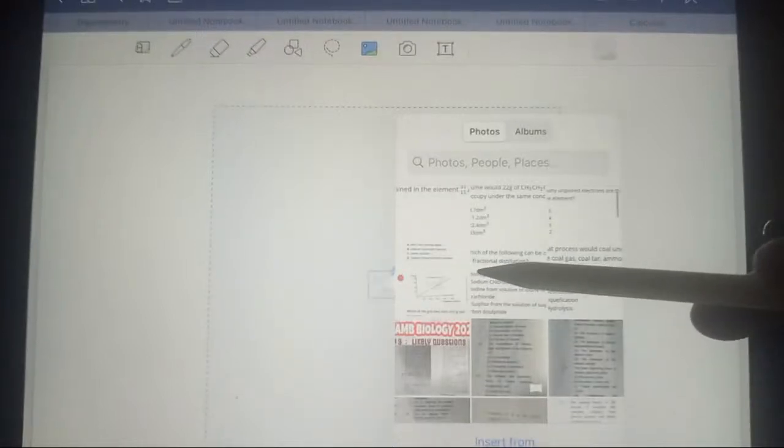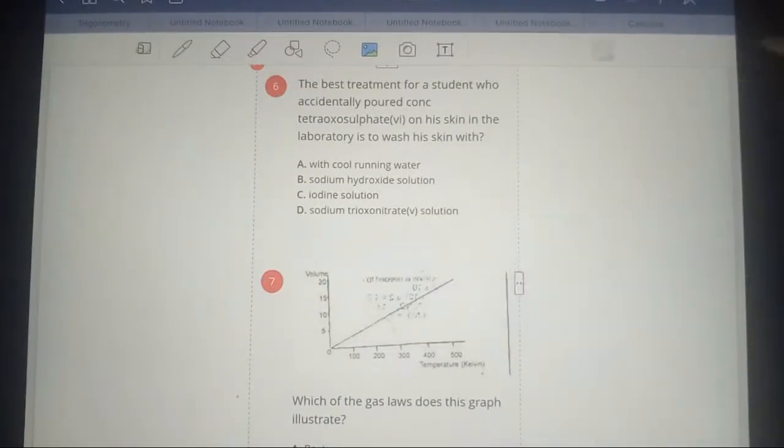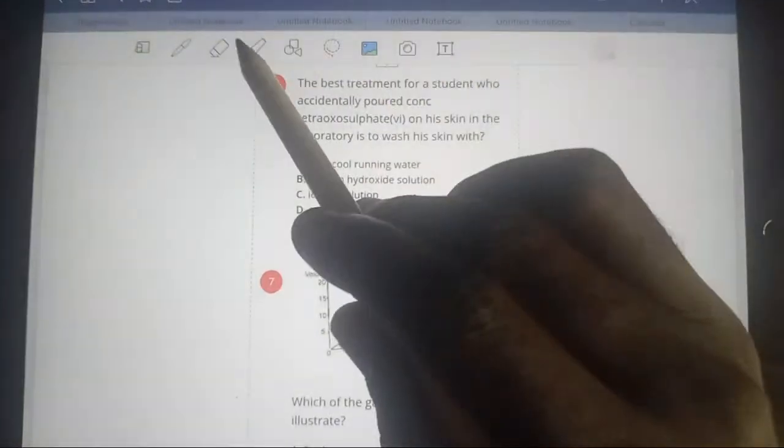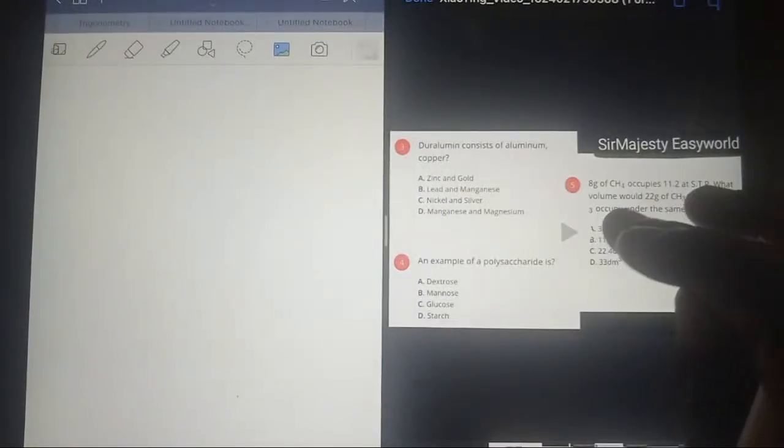I thought this would be arranged. We have 6 and 7. Please, I'm going to divide the screen into 2 now so that we can handle it.